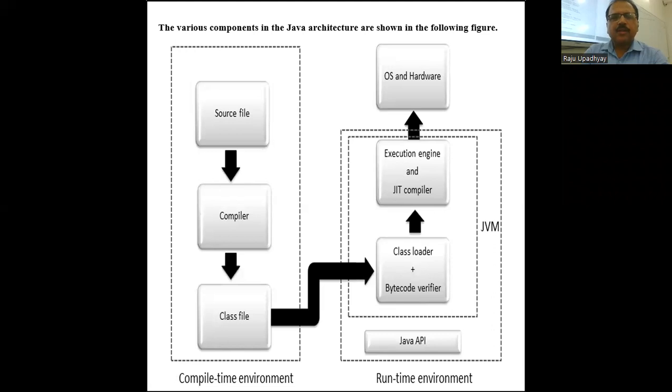As you are able to see on the screen, we are having two different parts of this Java architecture. The first one is compile time environment and the second one is runtime environment. So first of all, we'll be talking about source file, right?